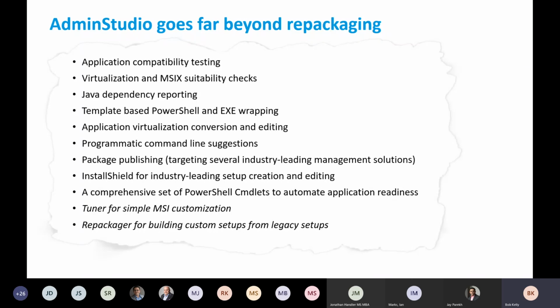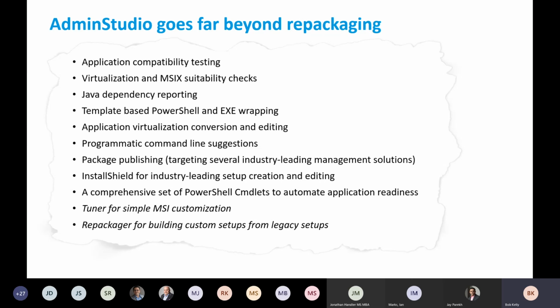So there's compatibility testing. Knowing which applications in your environment have Java dependencies is obviously very good to know before you deploy one of the many security updates required by Java. We've got template-based wrapping for PowerShell, so if you use the PowerShell App Deploy Toolkit to wrap your packages, we can help automate and simplify that process.